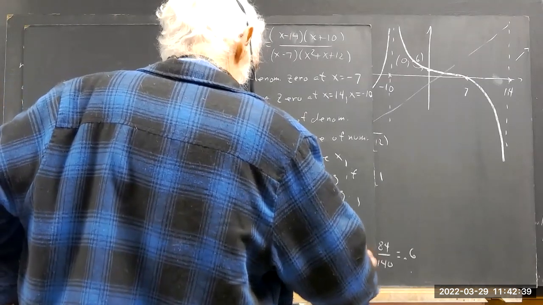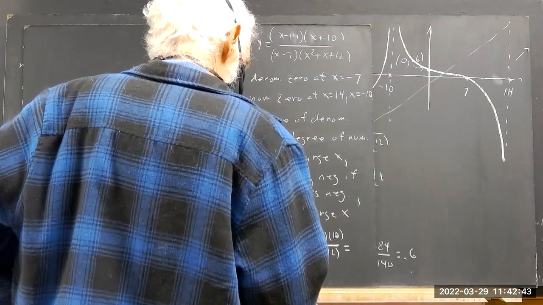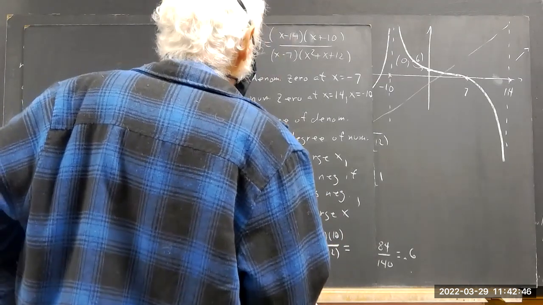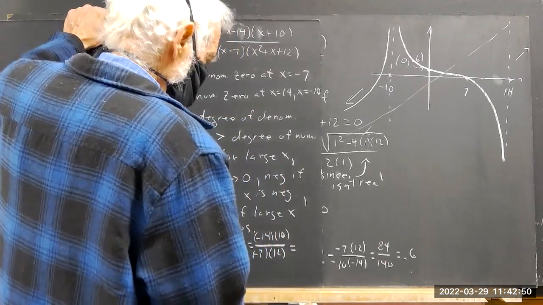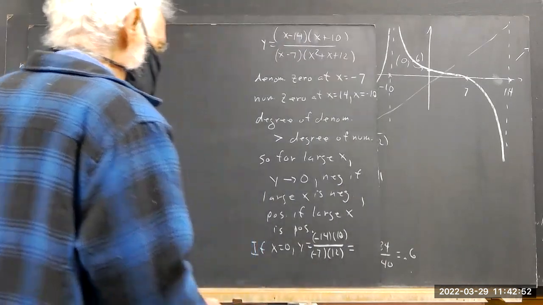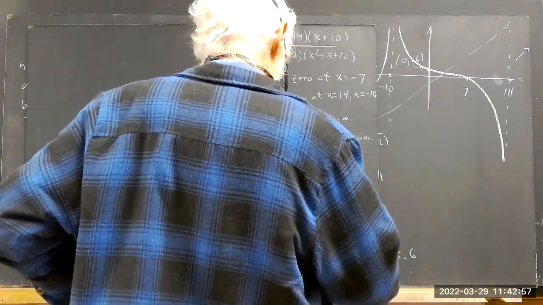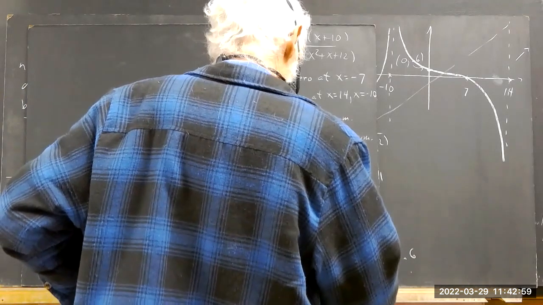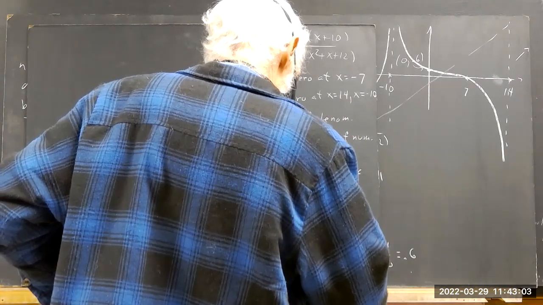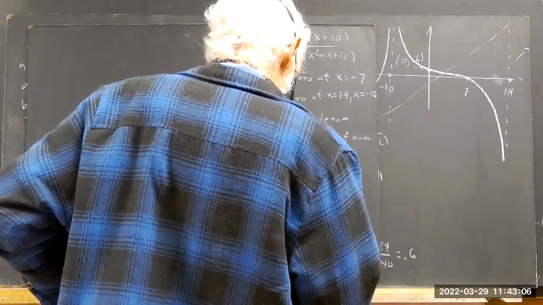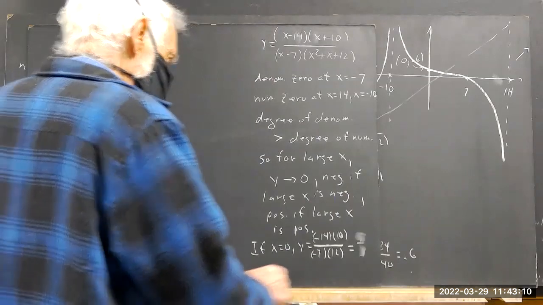And this equals 140 over 84, which reduces to, wait a minute, reduces to 10 over 6.